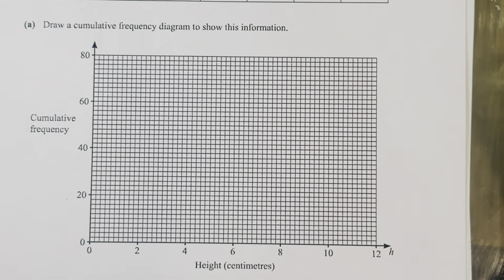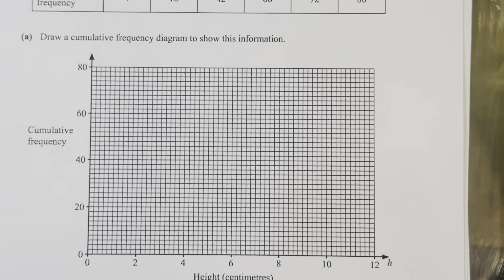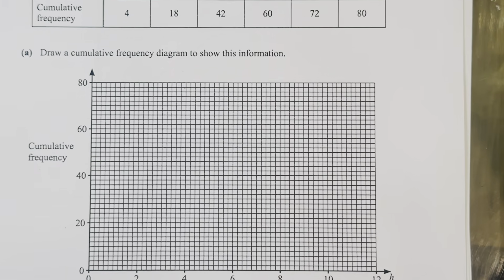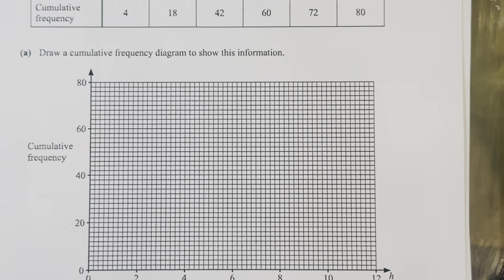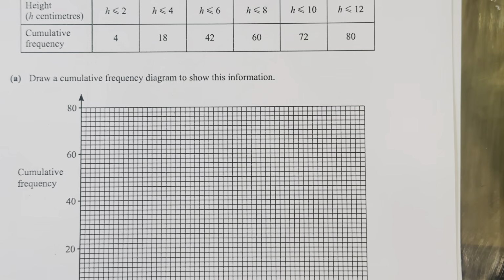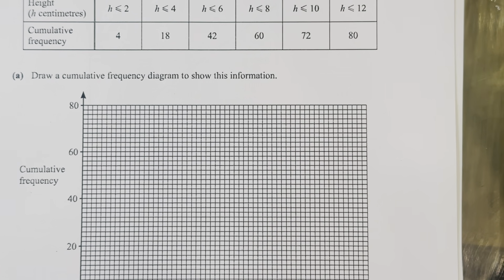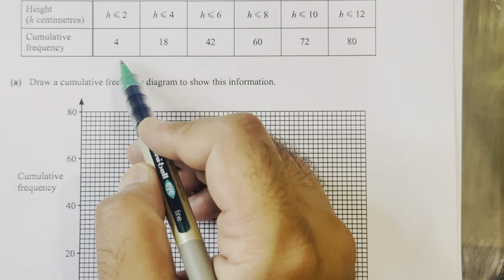Okay, first we need to draw a cumulative frequency polygon. Cumulative frequency is given on the y-axis and the height is on the x-axis. For the value of 2, the answer is 4.